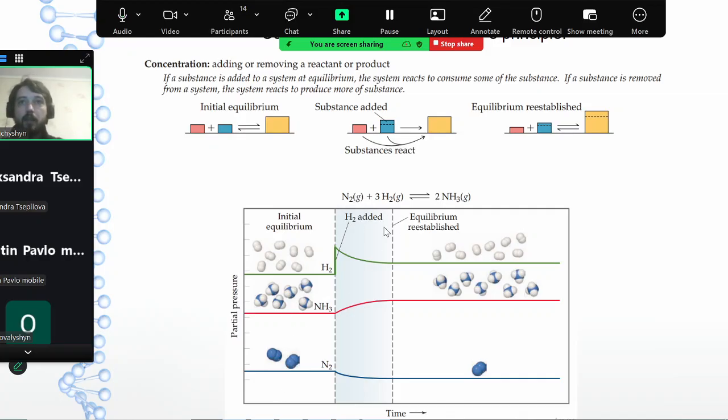We add a little bit more hydrogen, and after some time, so system is disturbed, something is happening, but time passes, new equilibrium is achieved, and you see that it is different from the initial equilibrium, and it basically changed so that it tries to compensate the change that we had. So we added more H2, system did something to somehow deplete this H2 and to make its concentration a bit lower.